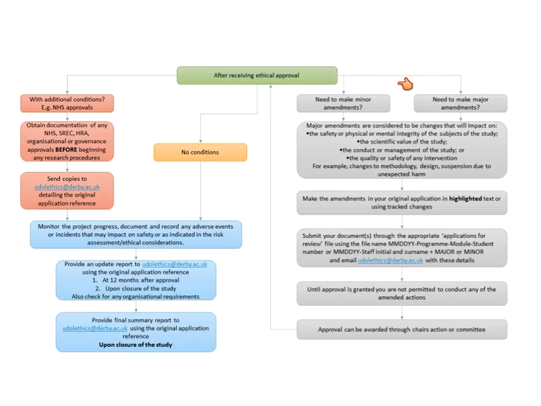Anything that you change as part of that study needs to be reported to the Ethics Committee. And if you're making major changes, this needs to be reviewed again and approved before you can actually go ahead with those changes. So it's important to understand what to do after receiving ethical approval.